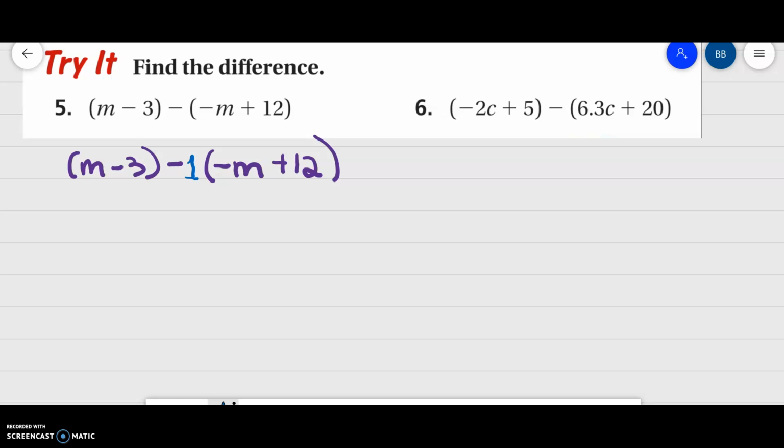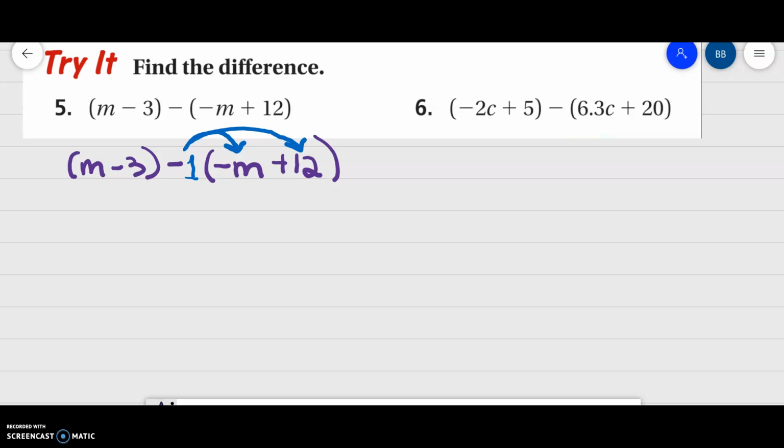And so when we're subtracting, we have to subtract negative 1 of the first term and the second term. So we can distribute this negative 1 to each term, and we do that by multiplying each term by negative 1.